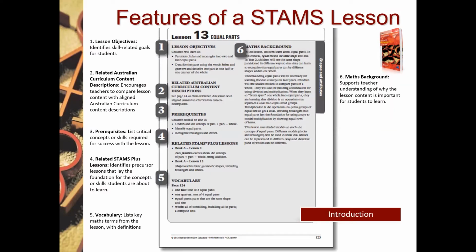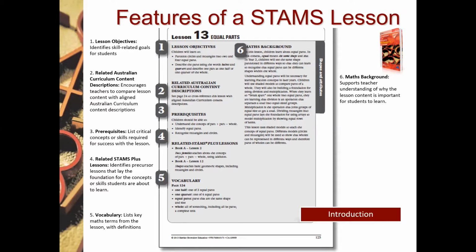The features of a STAMS lesson in the STAMS teacher book: number 1 is lesson objectives. Number 2 is the related Australian curriculum content. Number 3 is the prerequisite. Number 4, if you want to look at a related lesson to a concept on a book lower, it tells you that, to go down a level, whatever page that is.